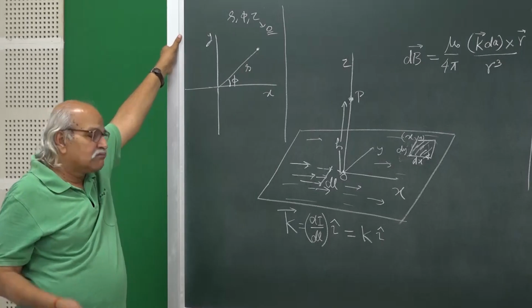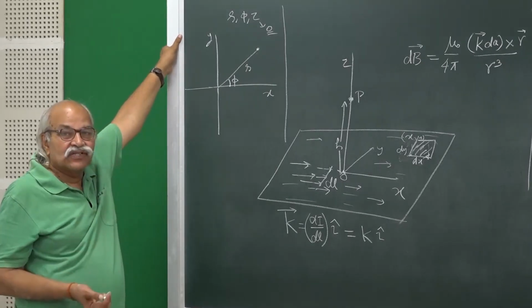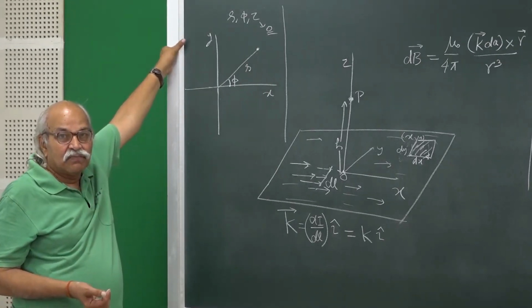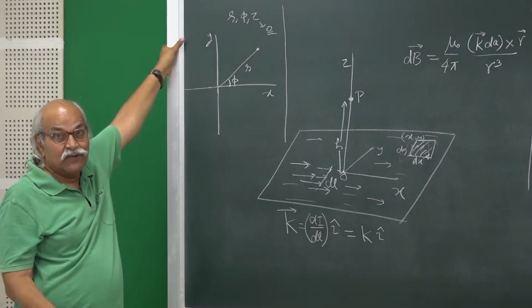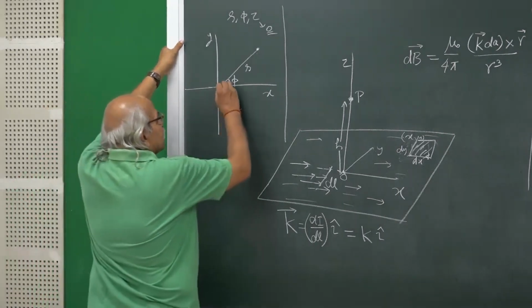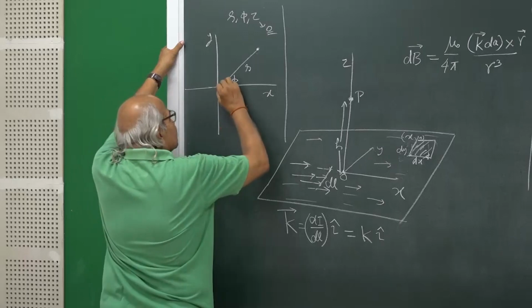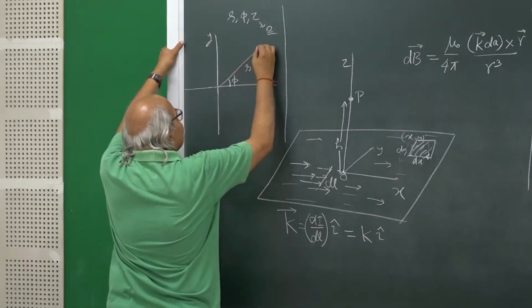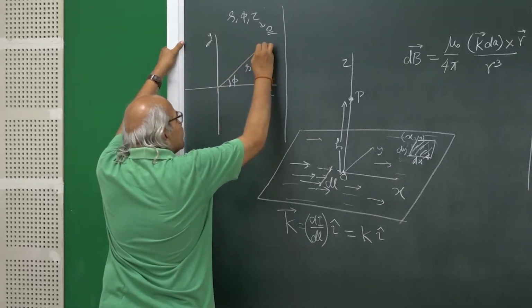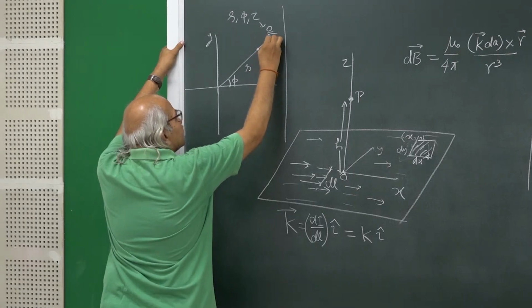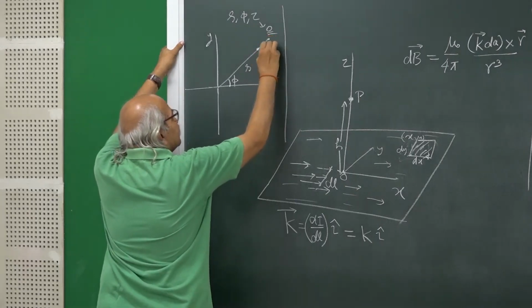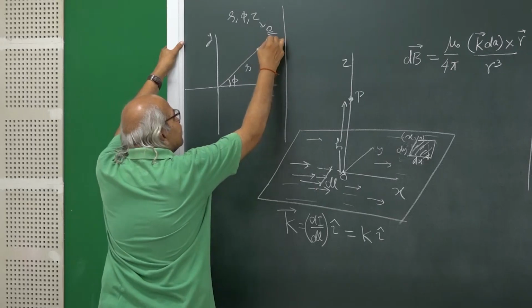Now, if we change s by ds, where do I go? This is s, do not change phi. So, without changing phi, change s and reach here. So, this length is ds.